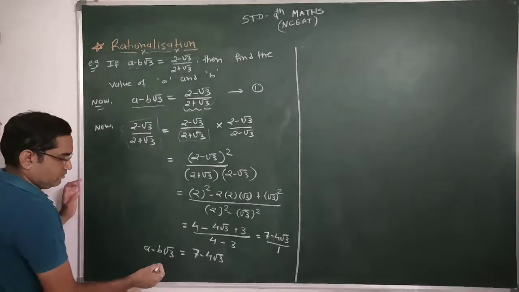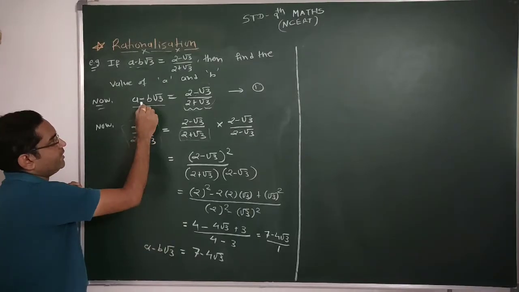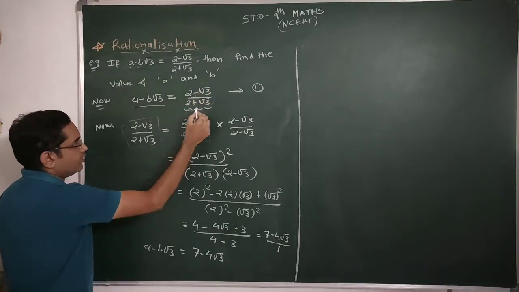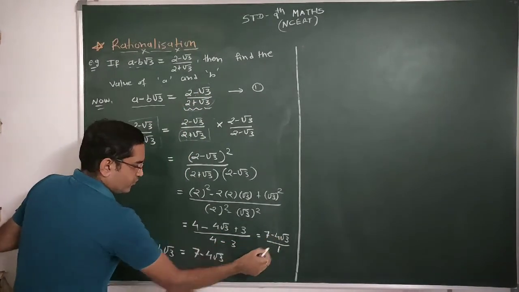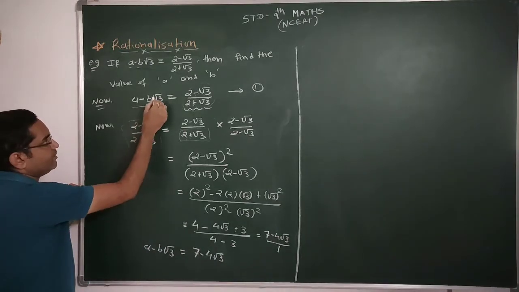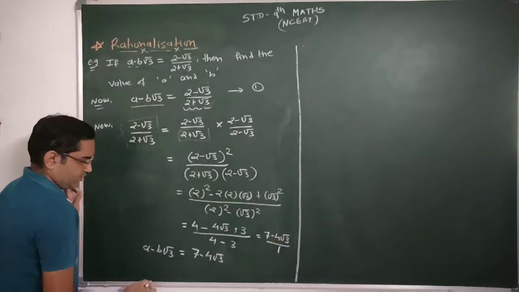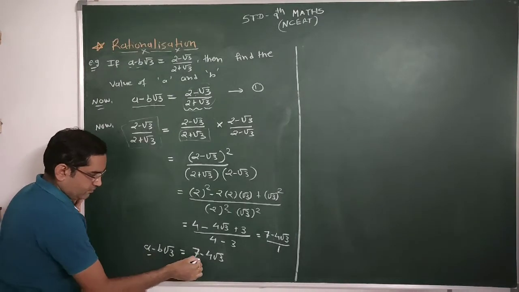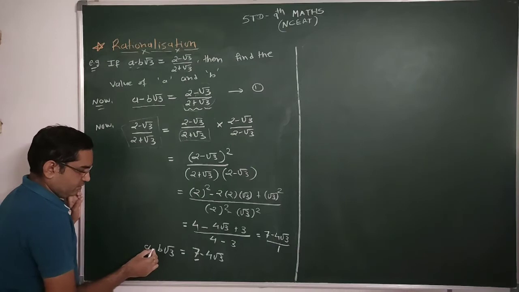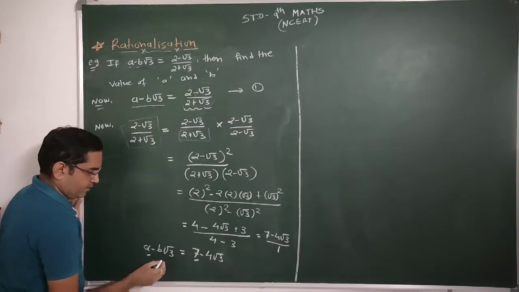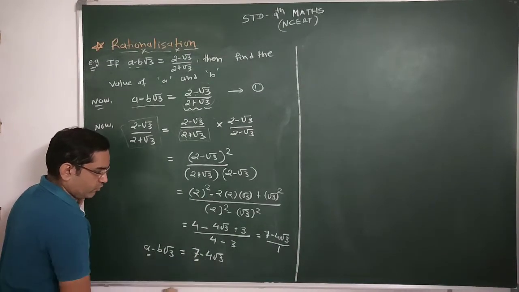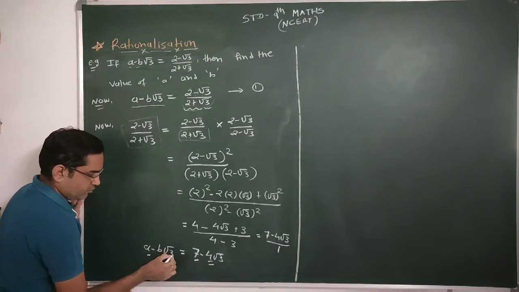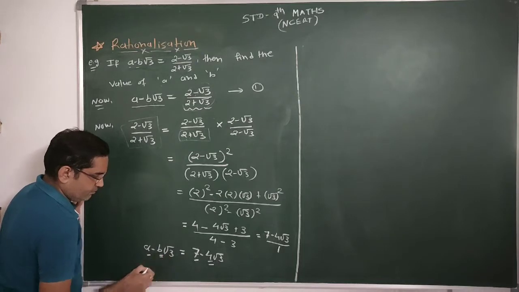So given a minus b root 3 equal to 2 minus root 3 upon 2 plus root 3, and that is equal to 7 minus 4 root 3. So we can compare a minus b root 3 with this 7 minus 4 root 3. Done? So a minus b root 3 compared with 7 minus 4 root 3: the coefficient of root 3 is 4 here and b there.